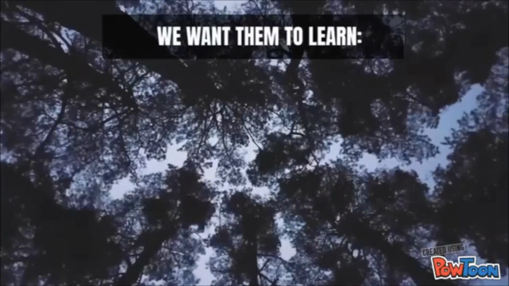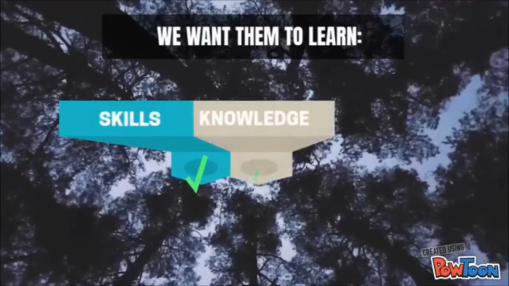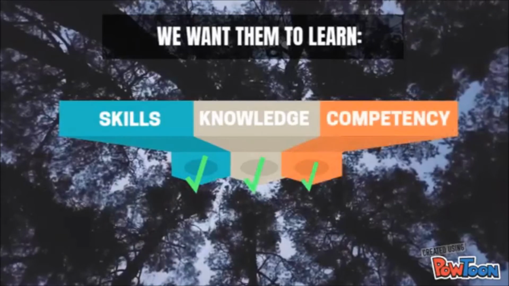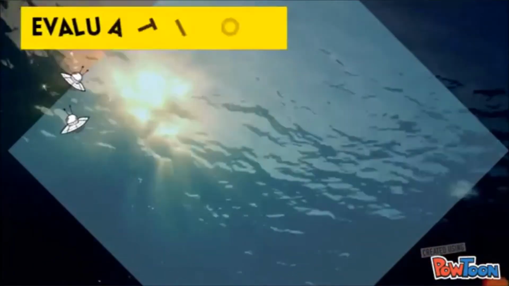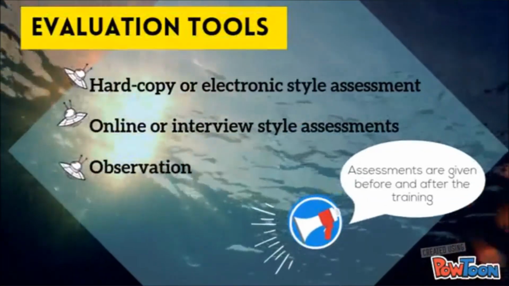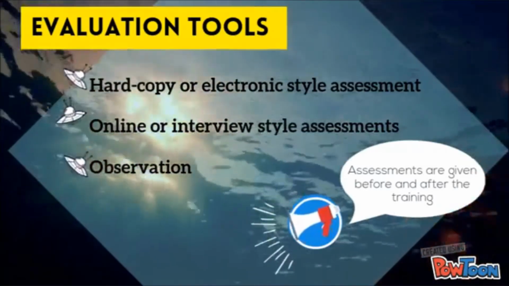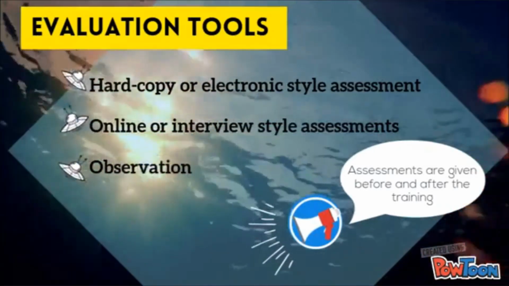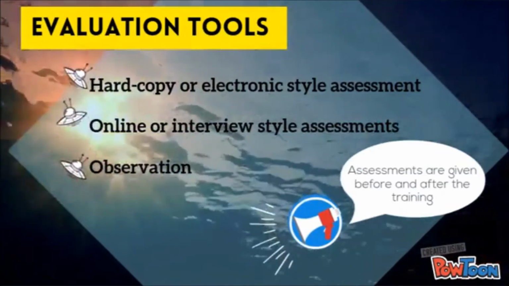At this level, we want them to learn new skills and knowledge, and also to have competency. Evaluation tools for this level can be hard copy or electronic style assessment, online or interview style assessment, and also observation. Note: assessments are given before and after the training.